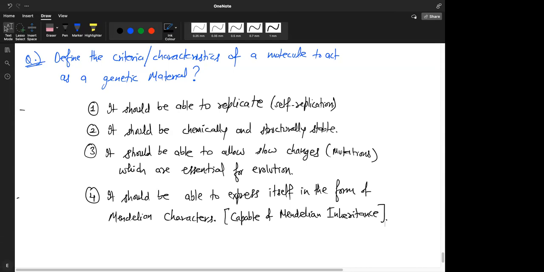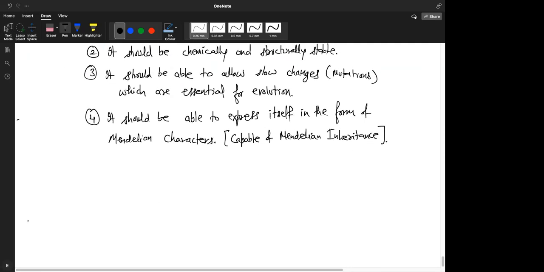So proteins can never be a genetic material because they do not even qualify the first criteria. Yes or no? Right? Now there are two molecules that we know act as genetic materials, which are RNA and DNA.